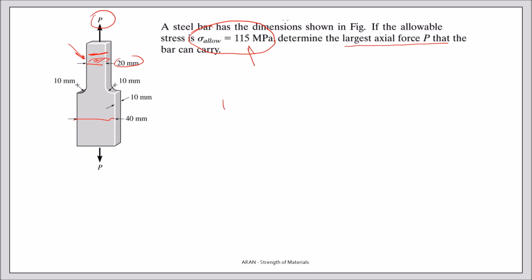So let's calculate the stress in this section. You have P divided by 20 times the thickness, which is 10. That is the sigma in region 1. About the sigma in region 2, it is P over 40 times 10. That is in region 2.